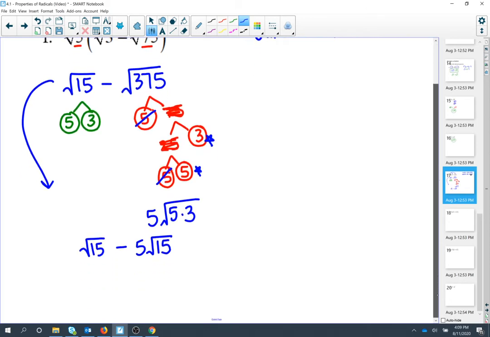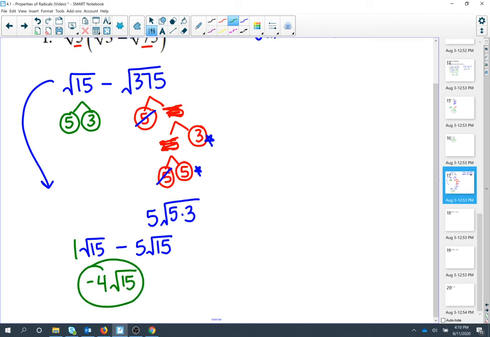Now that we have that, those are like terms. Keep in mind, square root of 15, there's really a 1. So 1 of those minus 5 of those. So you have 1, you're taking 5 away, is negative 4 of those. So your final answer is negative 4 times the square root of 15.